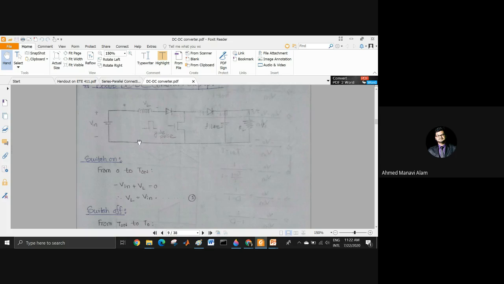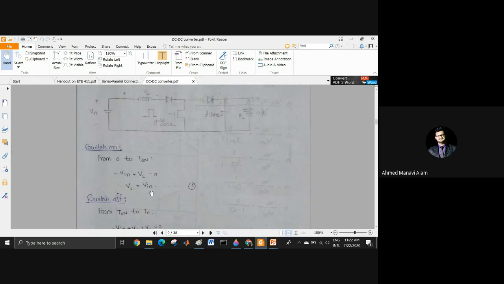So this is my circuit. Now if I apply KVL in the loop, entering at the minus: minus V in plus VL equals 0. The total voltage across a closed loop is 0. So VL equals V in, the input voltage.